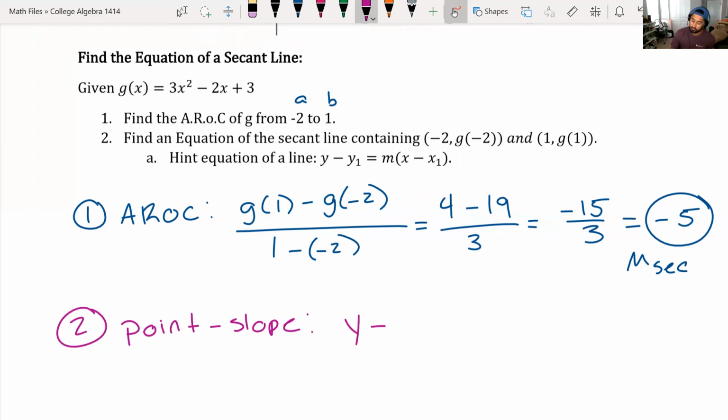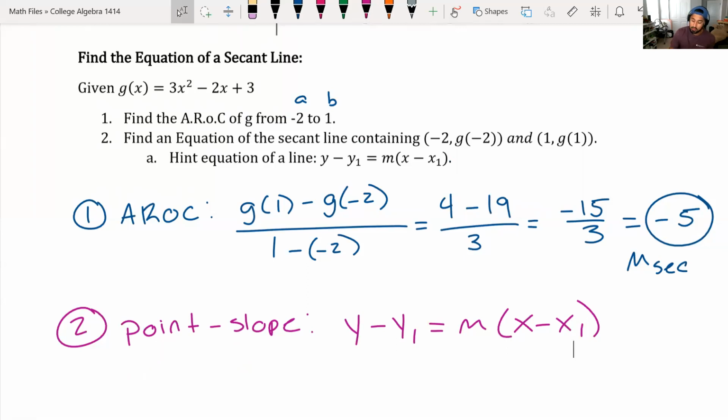Point slope formula is y minus y1 equal to m times x minus x1. And what's great about this formula is that it tells you what you need. You need a point and a slope, which we have.